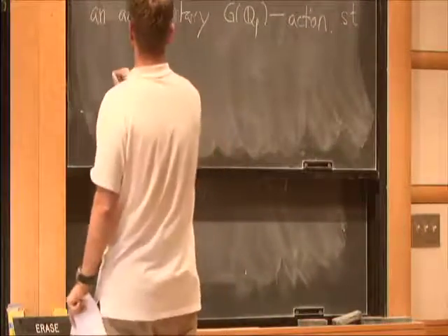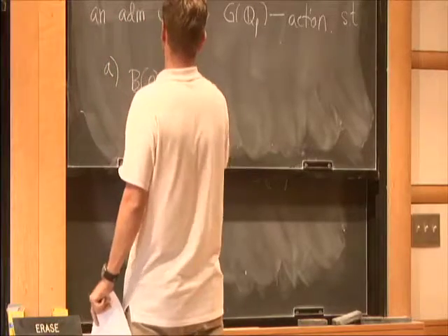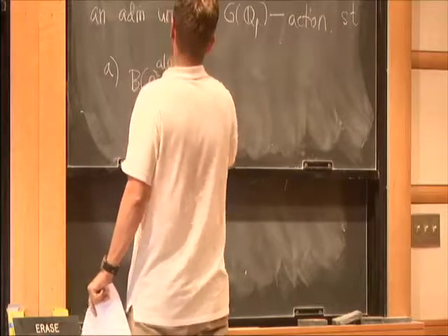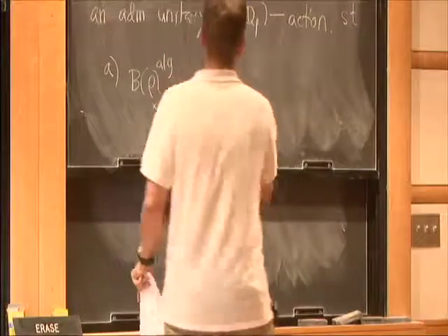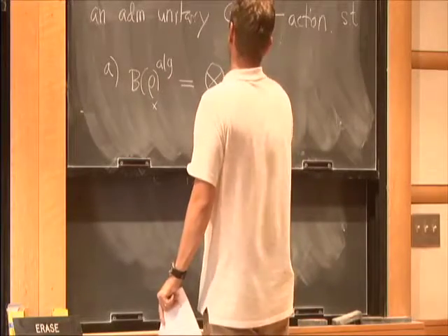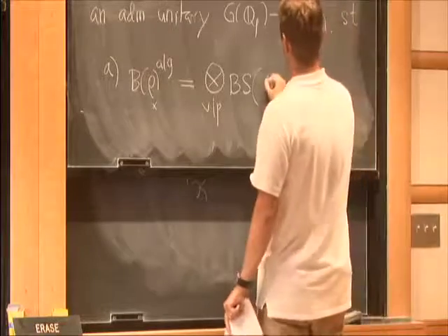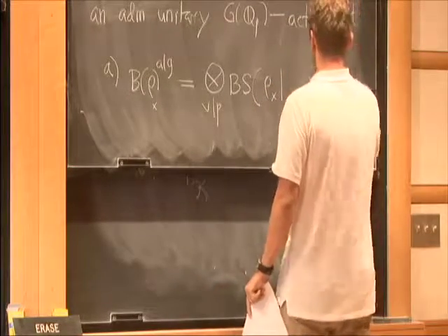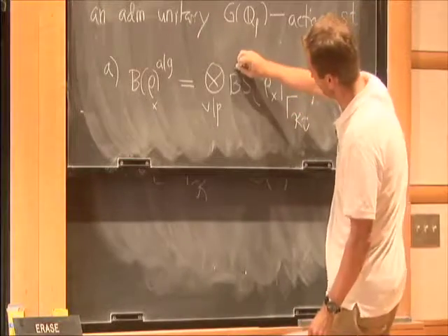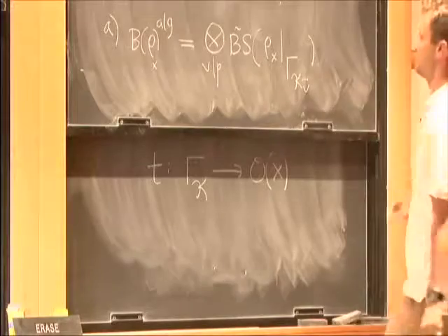What's the first property? If you look at the algebraic vectors, then this is just that factor: the tensor product over all v dividing p of that Breuil-Schneider representation of rho x restricted to gamma k v tilde, except there's this thing about the normalization. And this is dense.